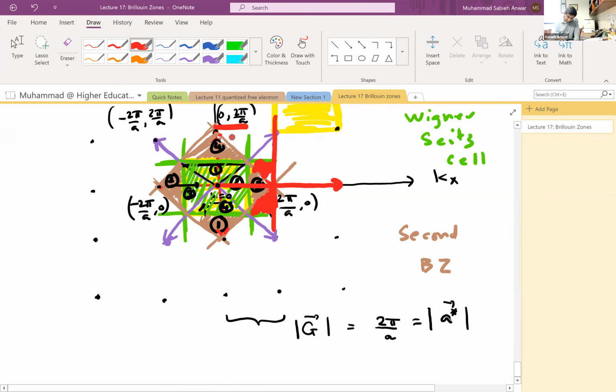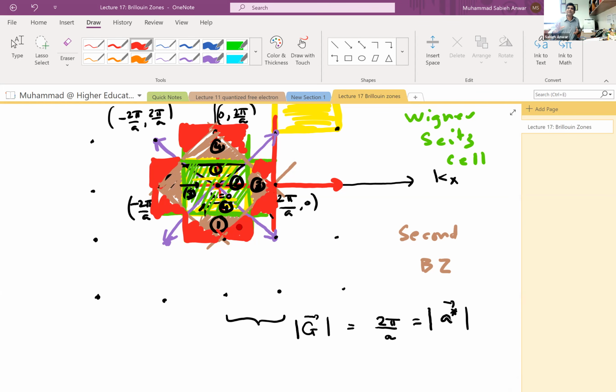Likewise, this point here would become the third Brillouin zone. This point here, third Brillouin zone. Here, here, here, here. So now these 8 disconnected regions can be moved by 2 units of the reciprocal lattice vector along kx and ky, and they can fall onto the first Brillouin zone. So in this fashion, I can construct the third Brillouin zone, the fourth Brillouin zone, and so on.